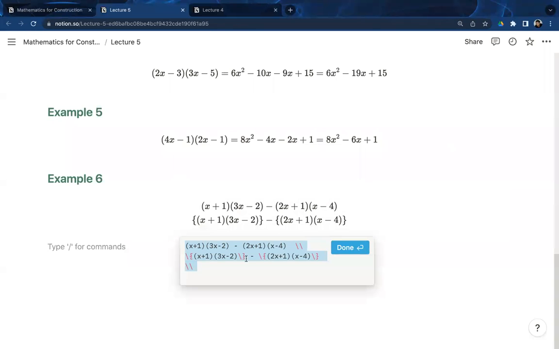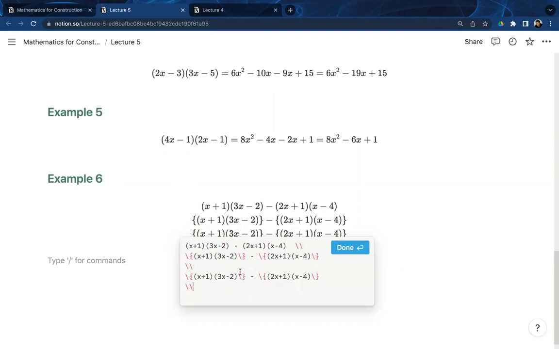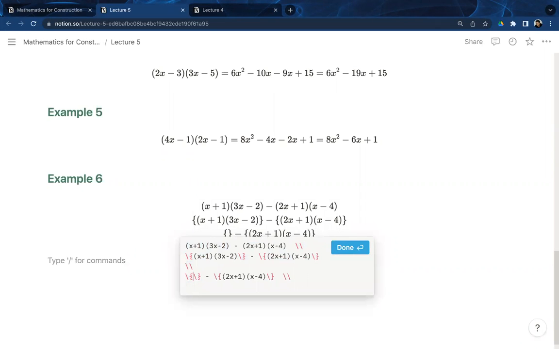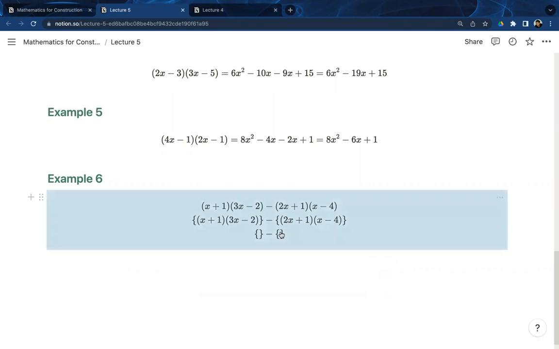So we're going to write the question again and expand each one this time. So I have two curly brackets and a minus sign between them.